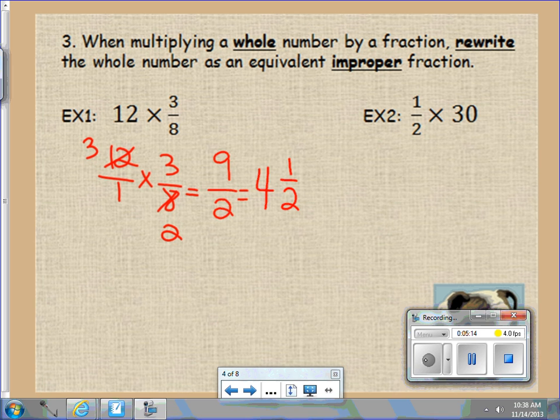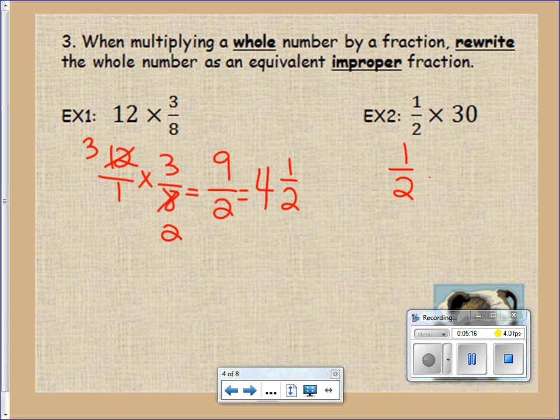In example 2, we have 1 half times 30, which we're going to put in an improper fraction. Final answer will be 15.